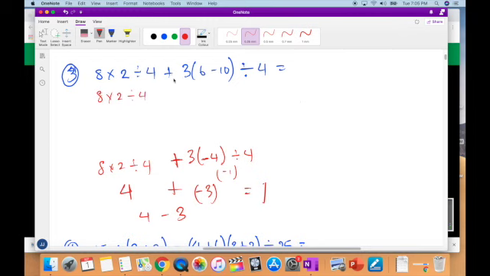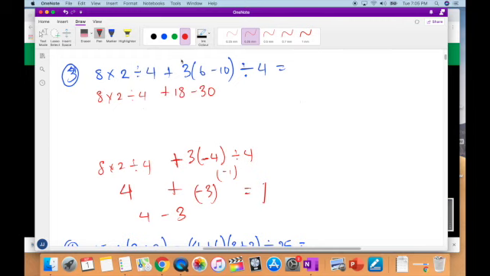You would have gone plus 3 times 6. 6 3s are 18, eh? Yeah? Plus 3 times 6. And then plus 3 times negative 10 is minus 30.